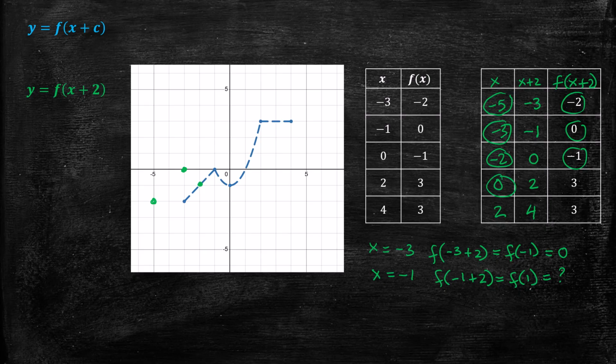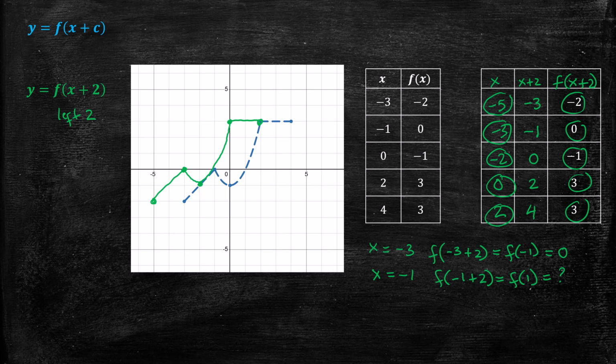And then 0, 3, and 2, 3 would be right here. And here we have it. It looks like another shift, but this time it's a horizontal shift to the left 2. So I'll write left 2. So, horizontal shift left 2.